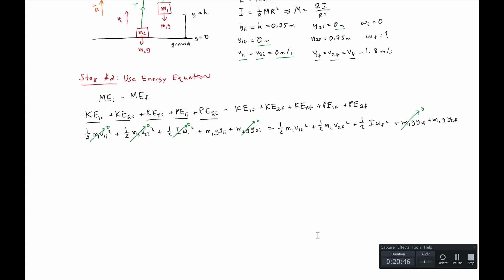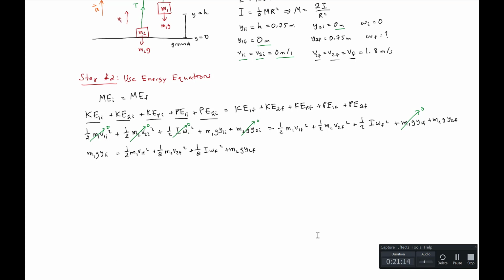So let's write down the simplified version of this, just so it's not so cluttered. We have m1 g y1i is equal to 1/2 m1 v1f squared plus 1/2 m2 v2f squared plus 1/2 I omega f squared plus m2 g y2f.